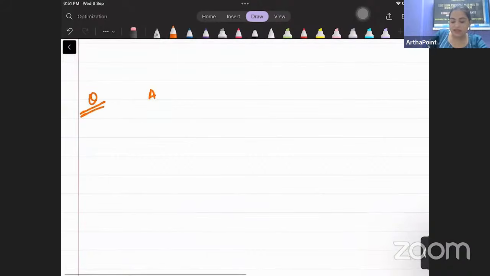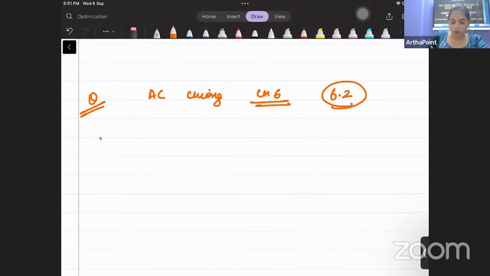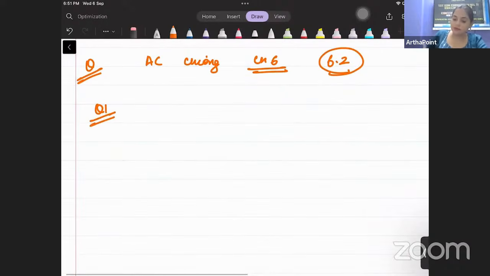So again, A.C. Chiang, chapter 6, exercise 6.2, question 1. Beta, write the question. The function is given to you as y is equal to 4x square plus 9.